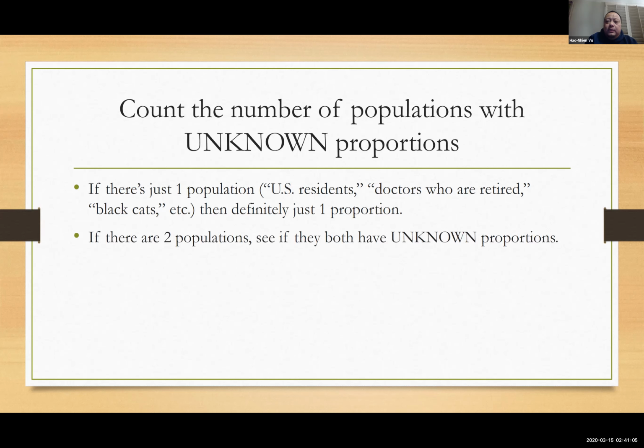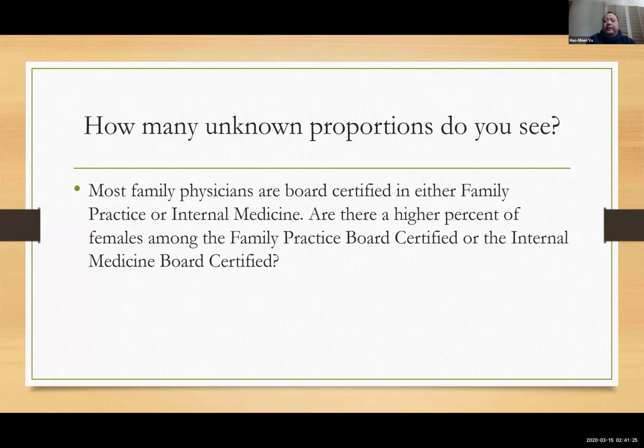Okay, the complication comes in if you have two populations, but for one of them the proportion is known, so that doesn't count. That leaves just one proportion left. Okay, so if you see two populations, it gets complicated.